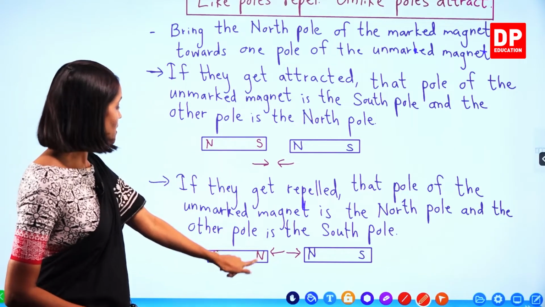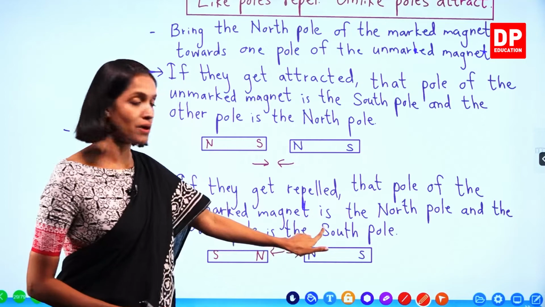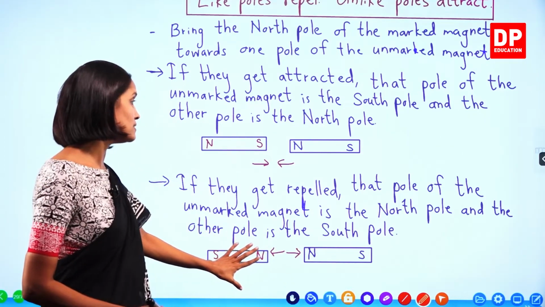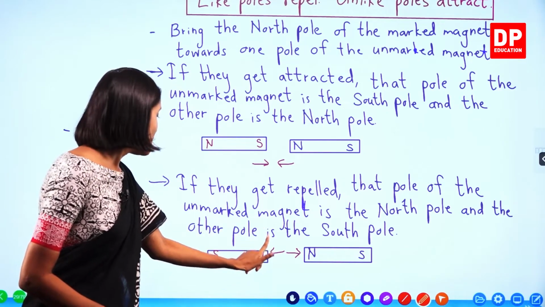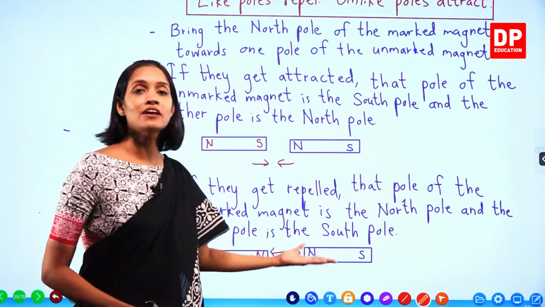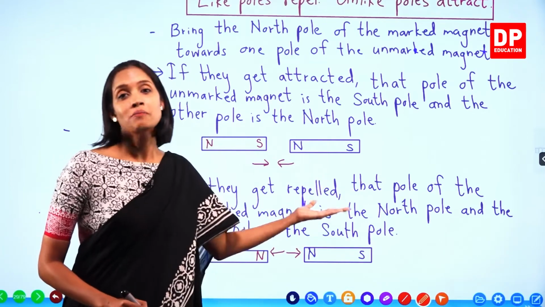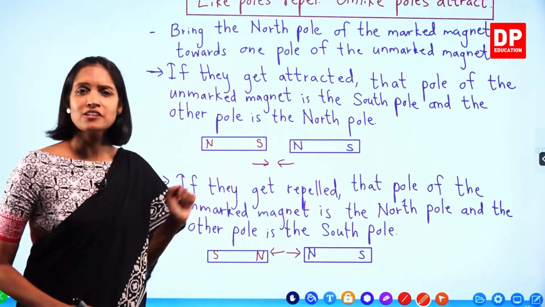If they get repelled, that pole of the unmarked magnet is the north pole and the other pole is the south pole. So it's very easy to find out the poles of the unmarked magnet using a marked bar magnet. We will go to the lab and do this activity.